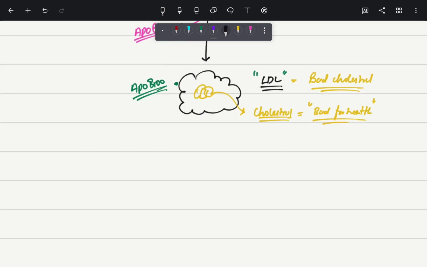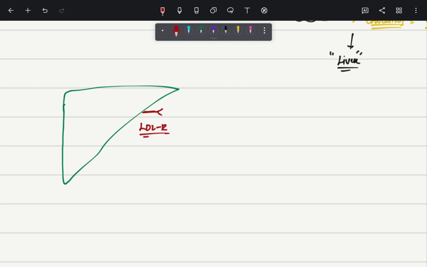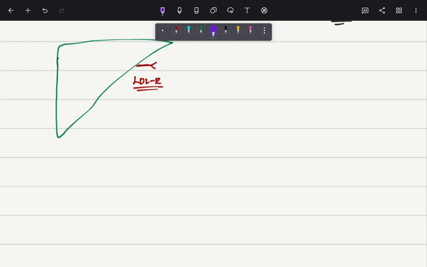Now, the metabolism of low density lipoprotein will take place in the liver. Now we are going to see how the low density lipoprotein will get metabolized in the liver. So this is the liver. Usually the liver has a receptor called the low density lipoprotein receptor. This receptor can recognize two types of apoproteins. One is your apoprotein B100, which is present on your LDL.